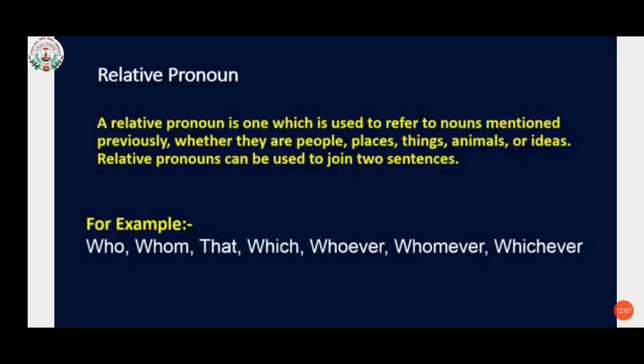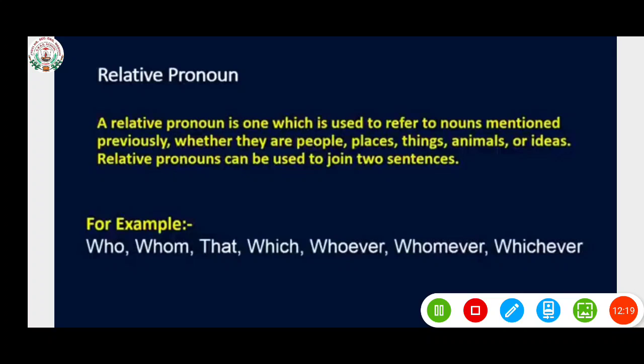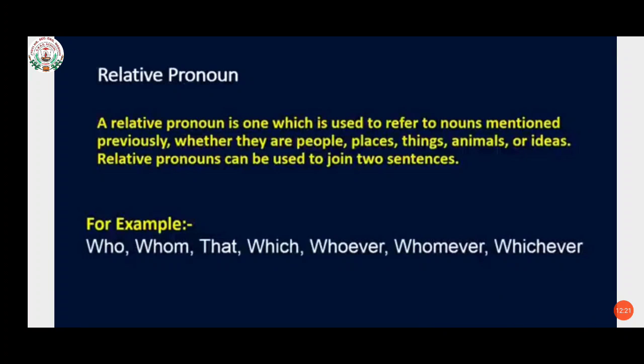Relative pronouns also can be used to join two sentences, like the words which, who, whom, what, and that. In another word, relative pronouns take the place of nouns or pronouns.